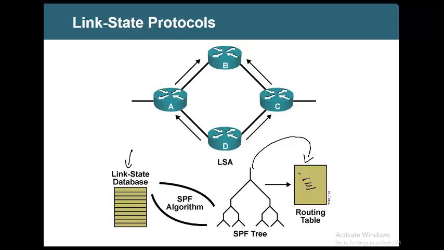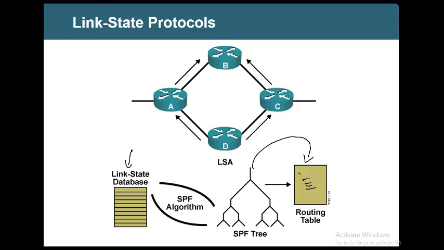Another neighbor says, this is my best path for the same destination and this is my metric. Both you receive as advertisements and you compare and pick the one which is lower. So that may not be accurate.